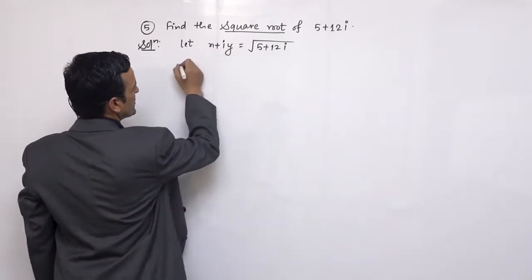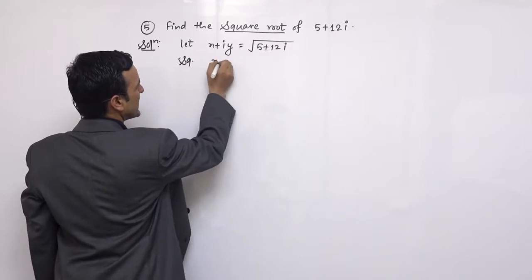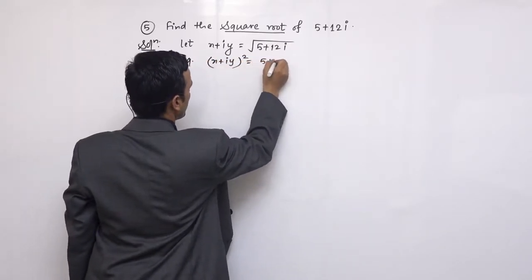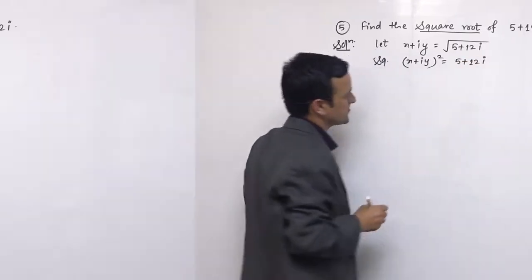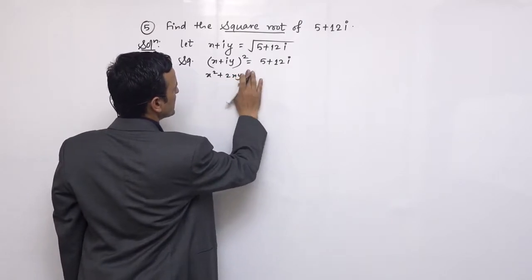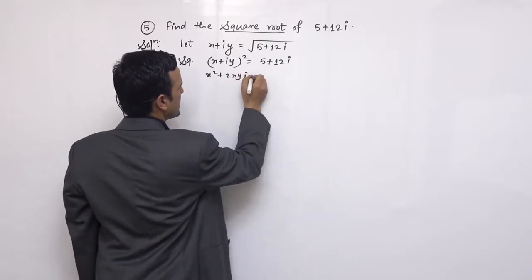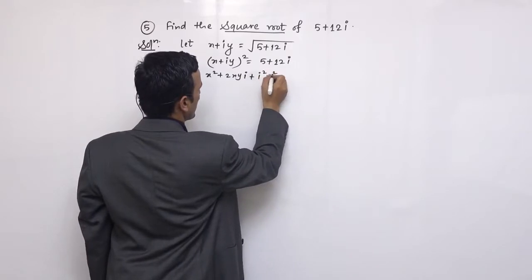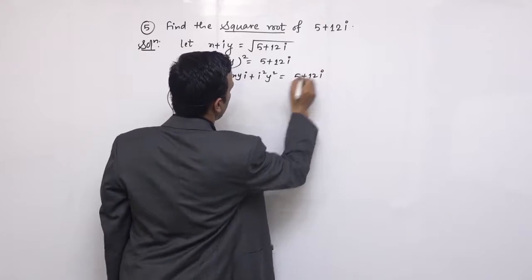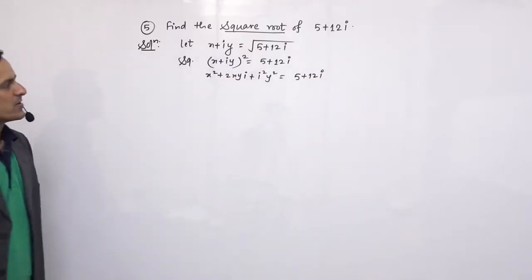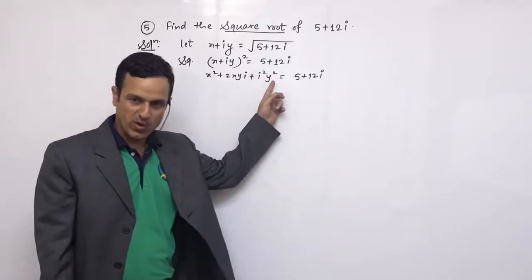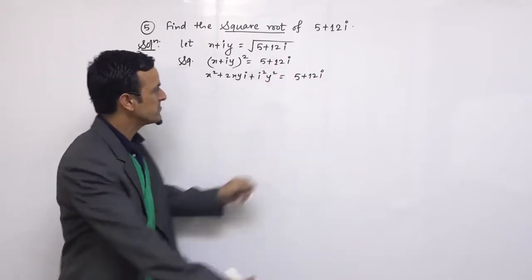So squaring both sides we get (x plus iy) whole square is equal to 5 plus 12i, and after expanding the formula we get x square plus 2xyi plus i square y square is equal to 5 plus 12i. This is a square plus 2ab plus b square, and the RHS is the same.